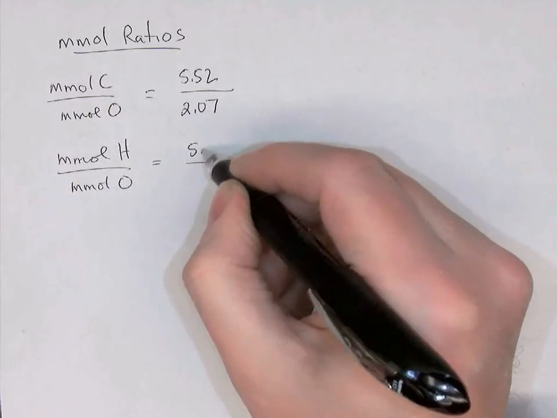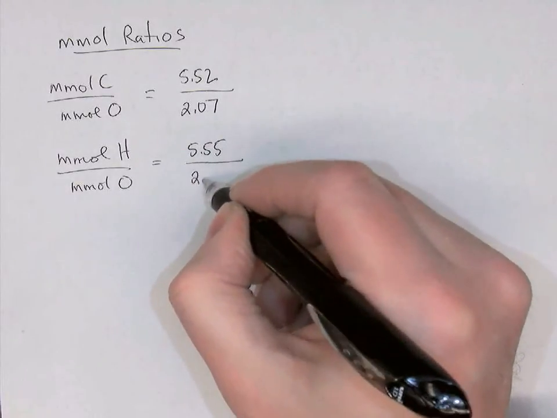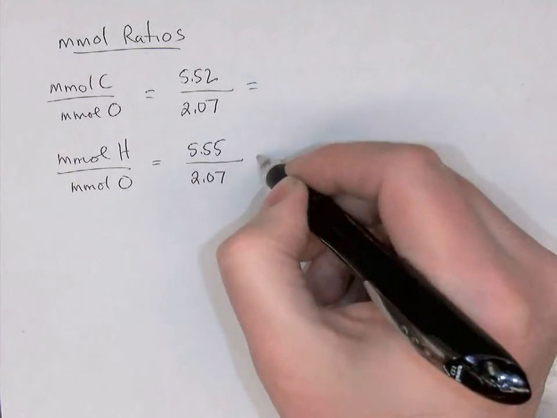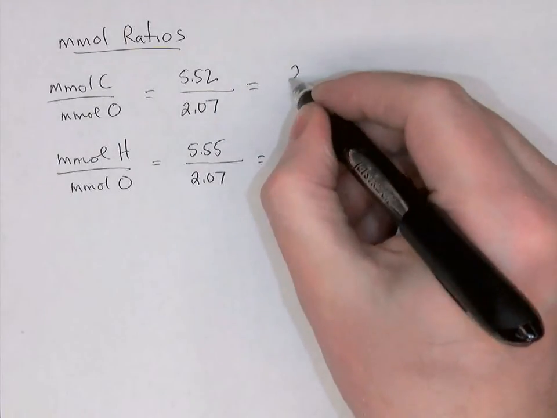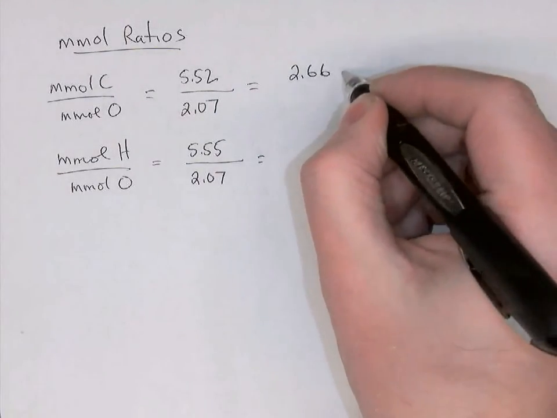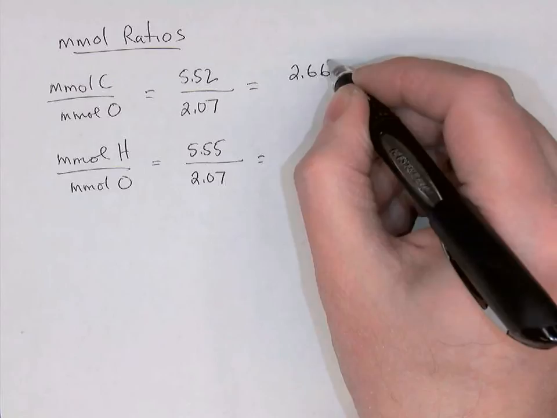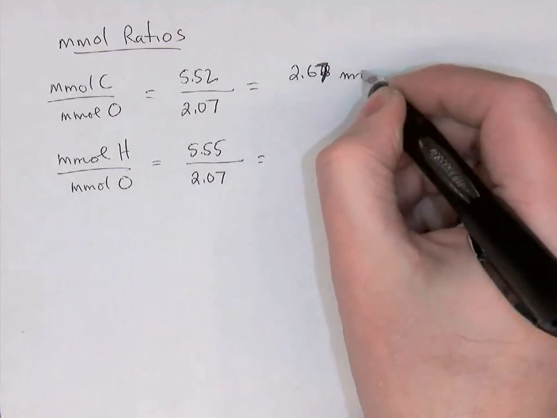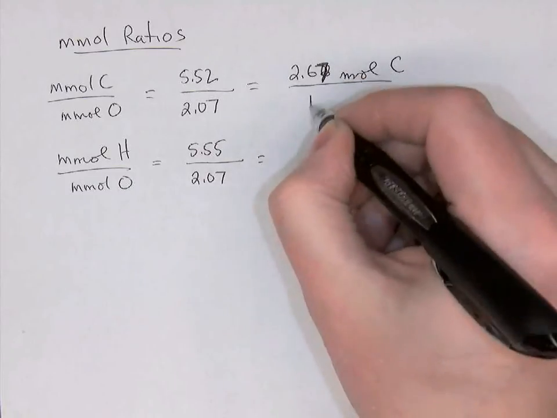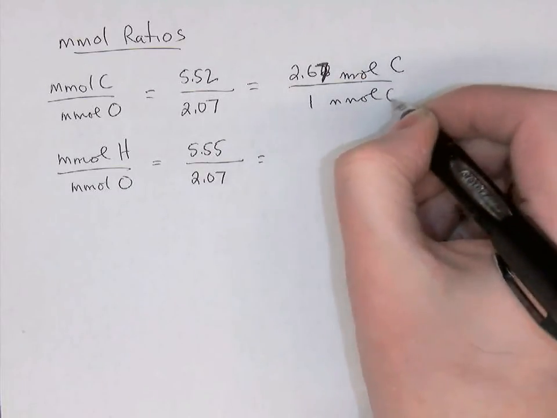The hydrogen was 5.55, and the oxygen 2.07. So dividing 5.52 divided by 2.07, I get a number which at first is a little disconcerting, 2.66 repeating, so 2.67 I guess, millimoles of carbon for every 1 millimole of oxygen.